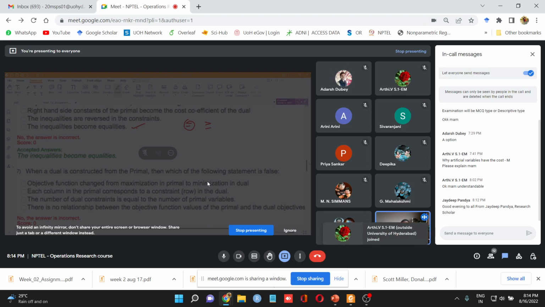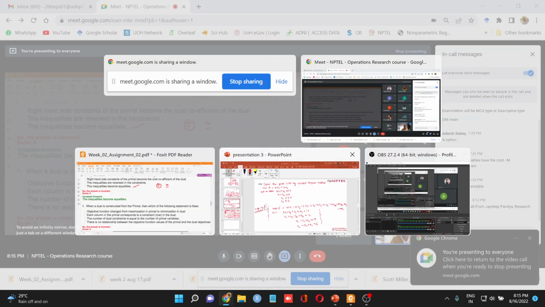And each column in the primal corresponds to a constraint row in the dual. That means the column in the primal constraint becomes a row constraint in the dual. Is it so? Yes, ma'am. And which is the false statement out of these four? Last option, ma'am. There is no relationship between the objective function values of the primal and dual objective. Yes, that is false.